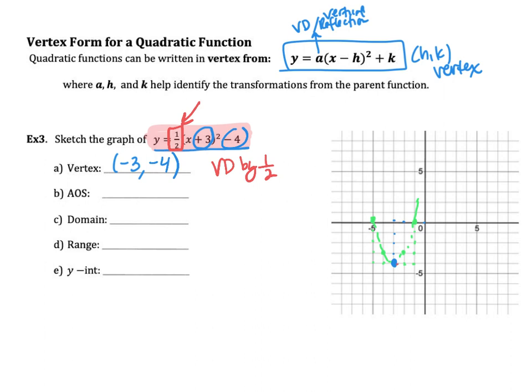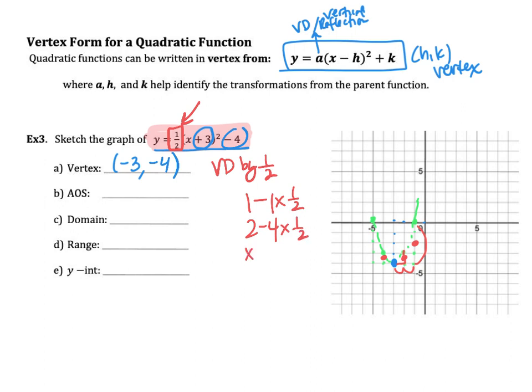So instead of going right 1, up 1, I have to go half that distance. So it's right 1, up 1/2. Instead of going right 2, up 4, I go up half that distance, and half of 4 is 2. So it's usually 1 to 1, 2 to 4, but I'm going to halve the vertical distance.